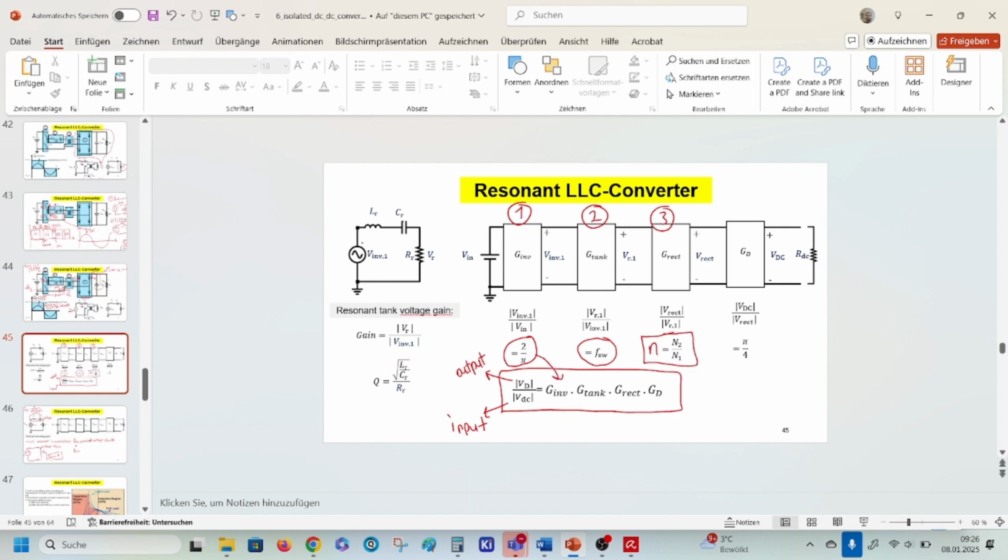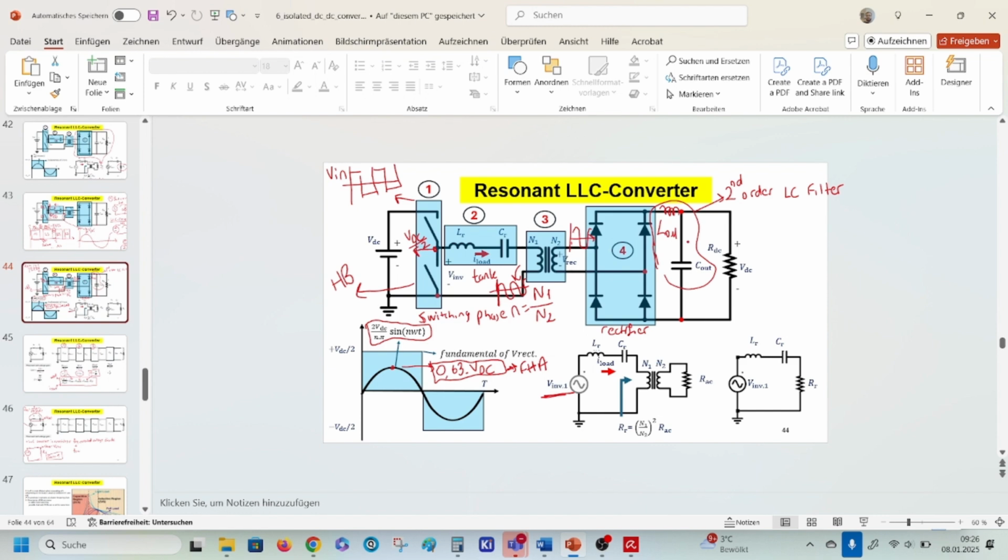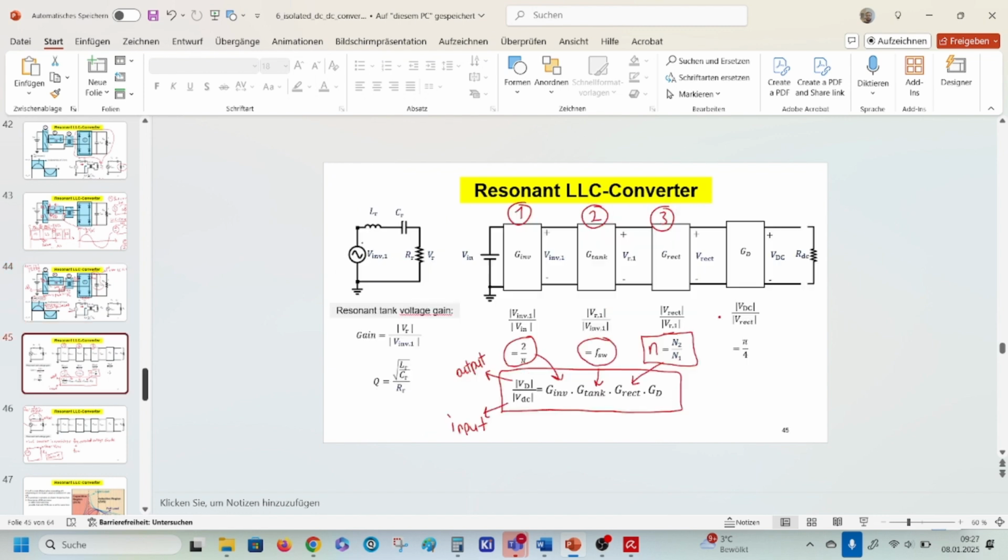That means we write all these parameters here. Let's look at the fourth phase. This is the output voltage of the rectifier divided by the input voltage of the rectifier. That means the output is DC, the input is AC. And this is DC. The input voltage is a sine wave. And this is just pi over 4.